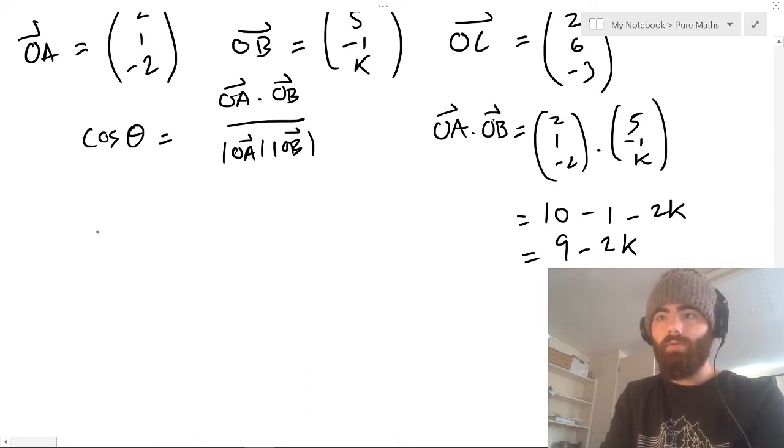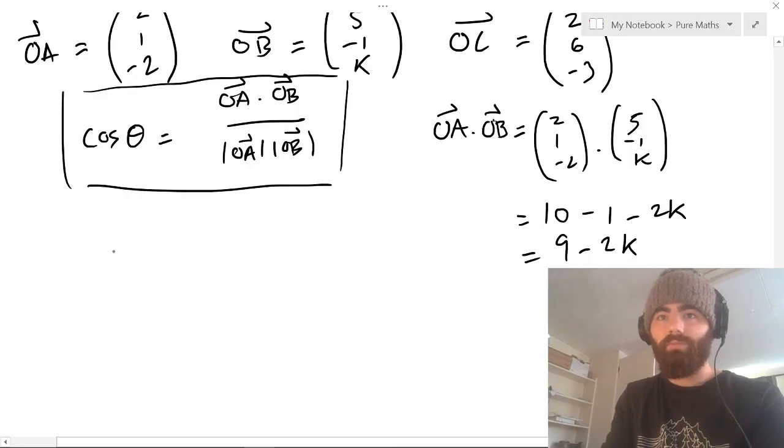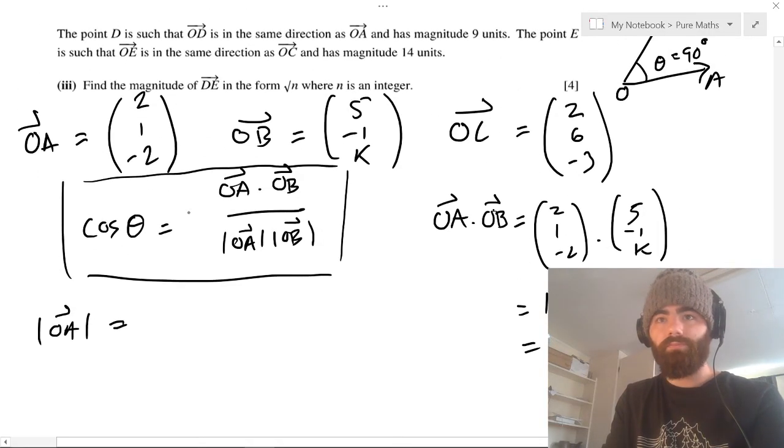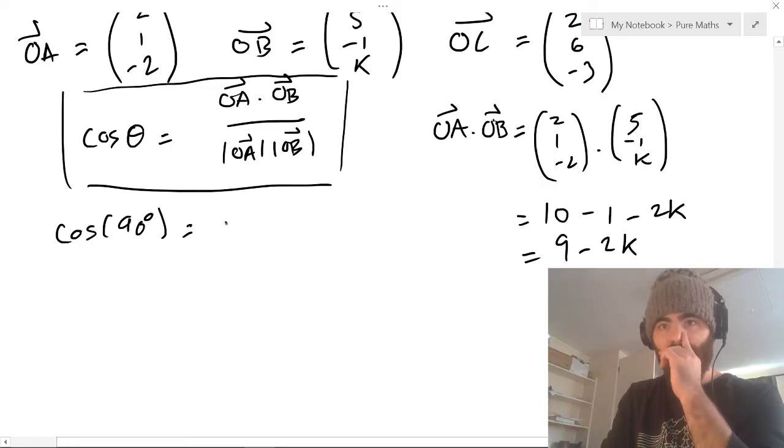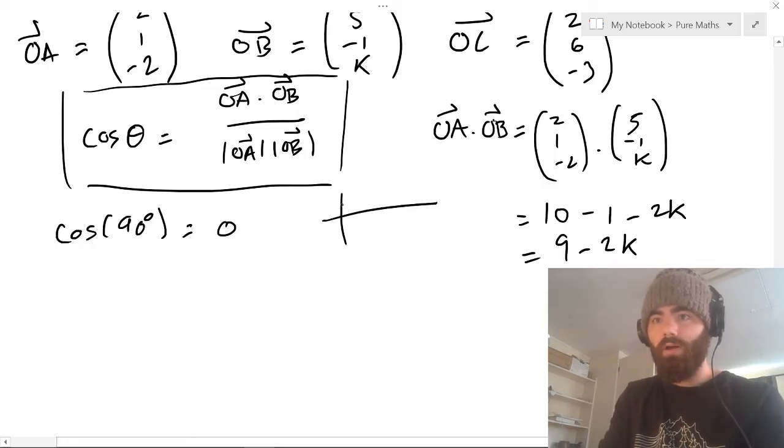That's what we're trying to look for. You don't even need to work out the magnitudes, because you know that cos of 90 degrees is 0. When you look at the graph of cos, at 90 degrees it's just 0.